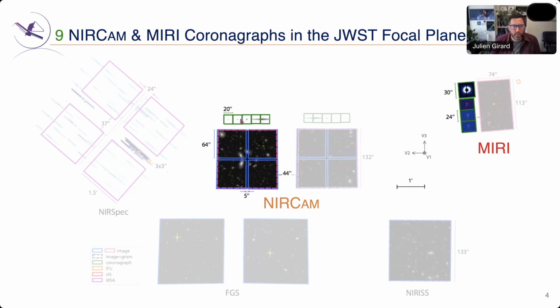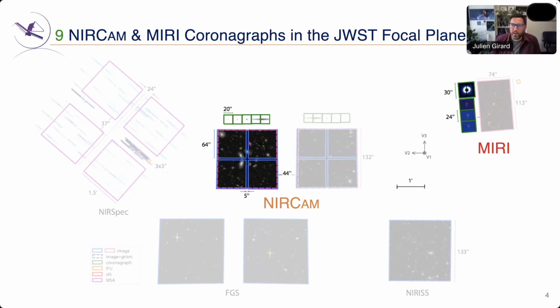We only use the A module for NIRCam. And I will give some more details after, but you can already see they seem to be outside of the field of view imaged onto the detector. And in fact, there's a trick for NIRCam to basically re-image that part, basically shift the field of view down so that the coronagraphs are seen by the detector.